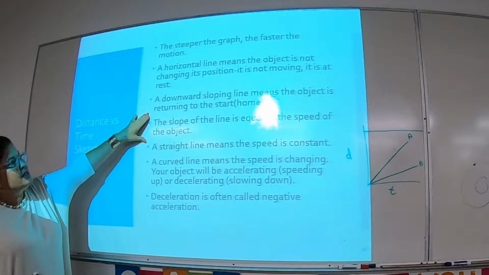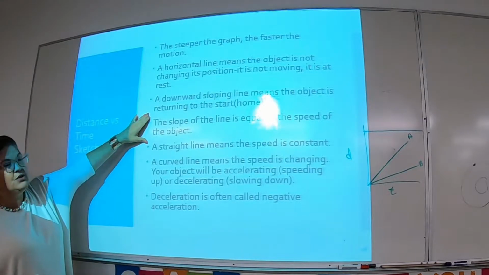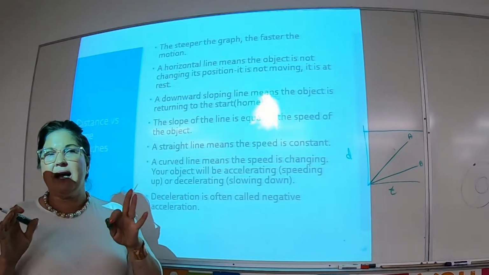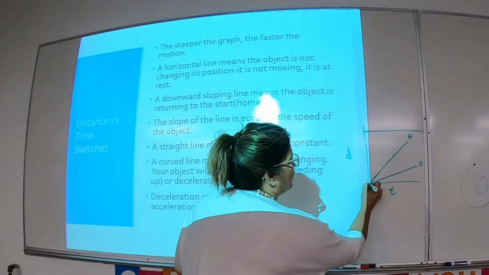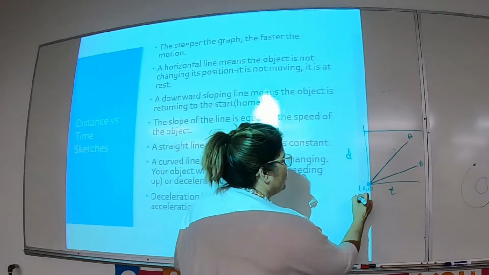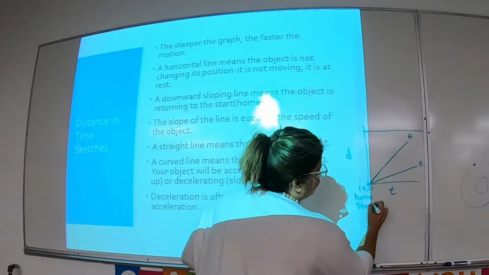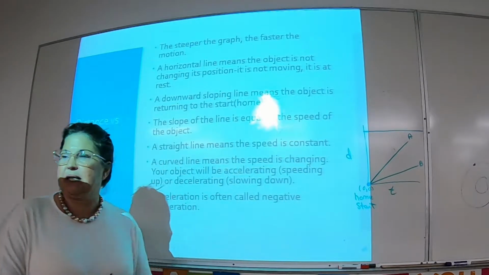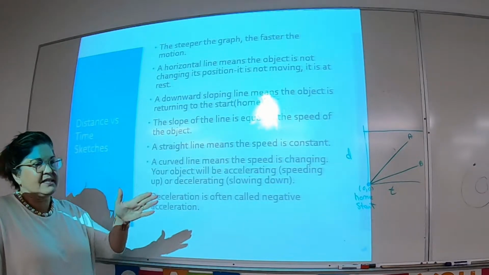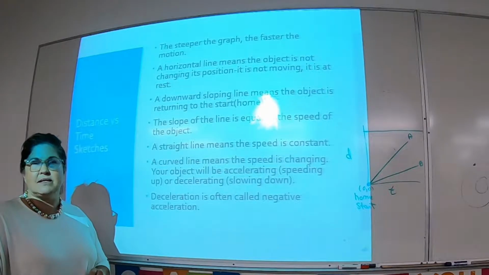A downward sloping line means the object is returning to the start or home. Generally, when we have these, we say this origin, the 0 point, either we call it home or we call it our start position, okay? Because in physics, we tend to give it a name as opposed to those coordinates, 0.